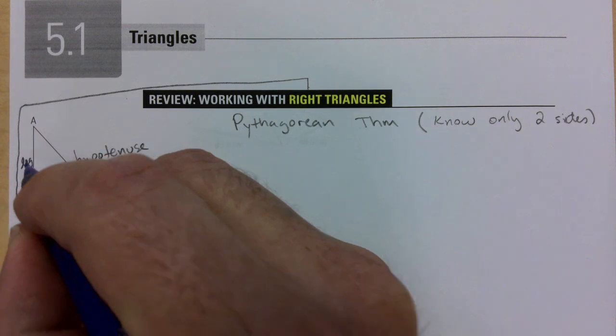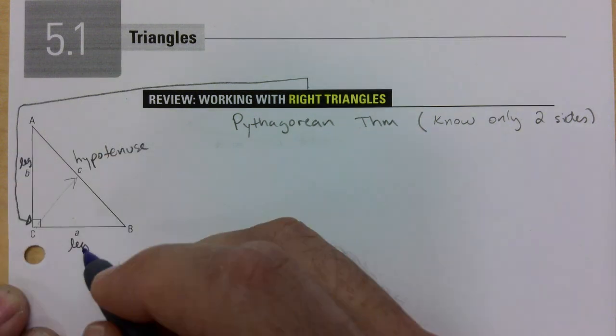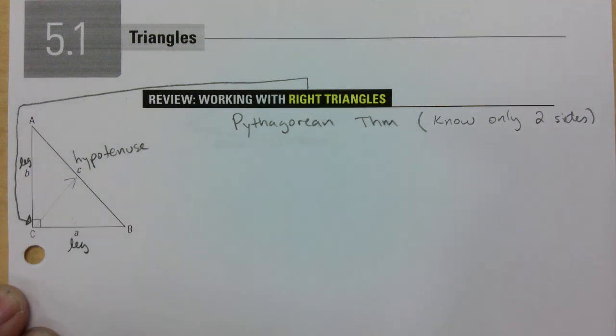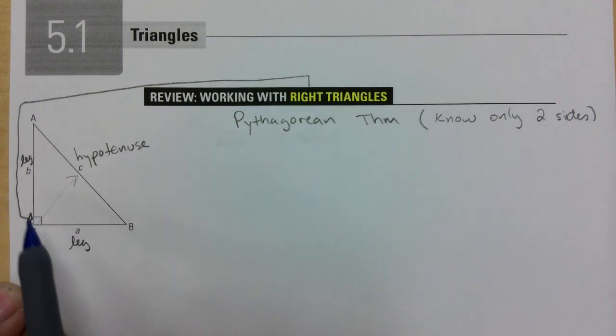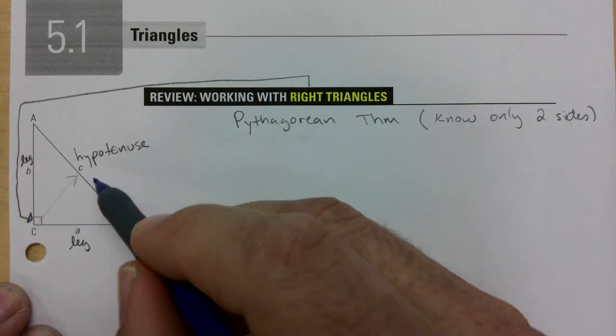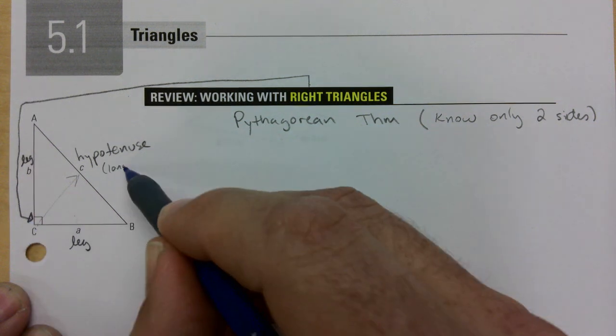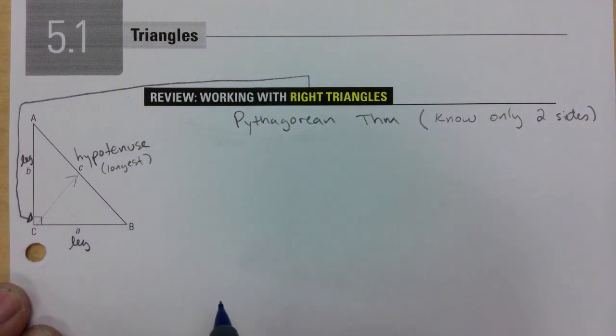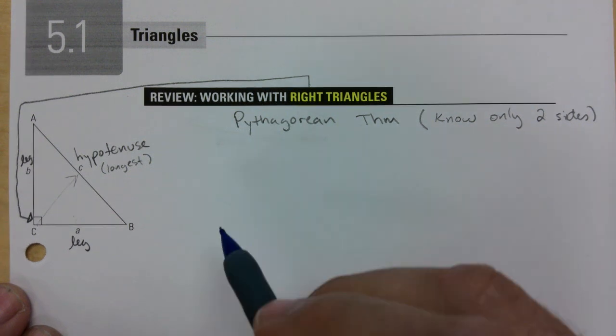So you have leg 1 and leg 2 if you want to talk about it that way. But this is always the longest side. It's the longest, it's across from the 90. So that's that.